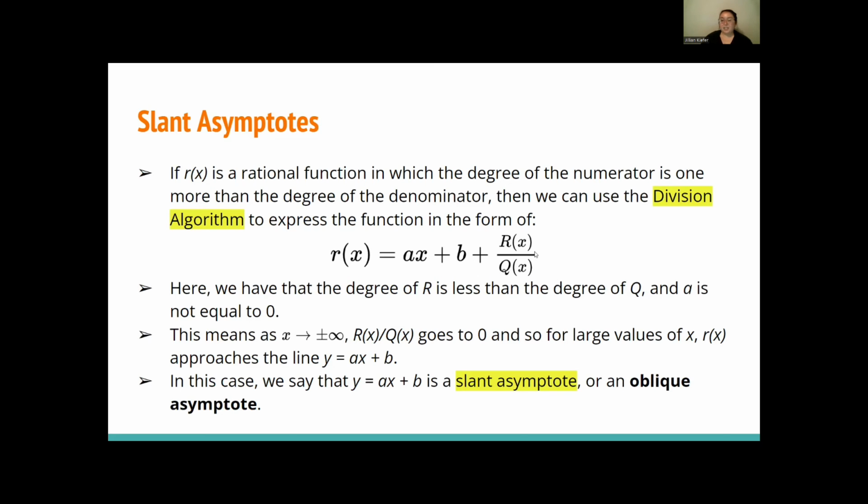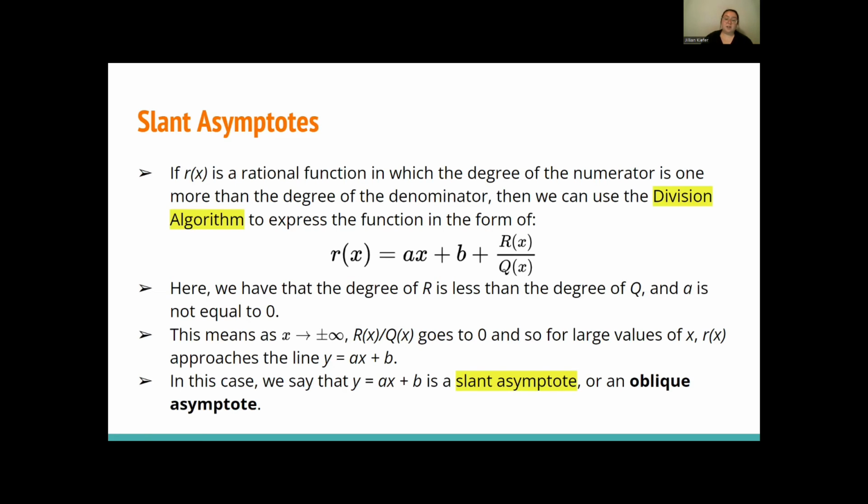So because of that, if x goes to infinity, q of x would be going to infinity a lot faster than r of x. So it would be outpacing r of x so much so that it would be getting closer and closer to 0, the larger, or smaller in the negative sense, those numbers got. So that means that r of x over q of x would end up going to 0.